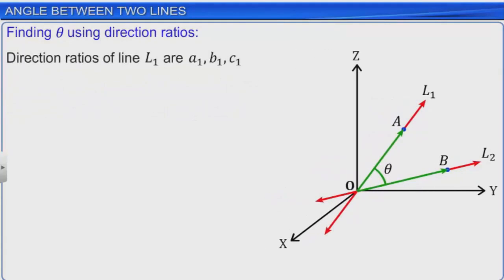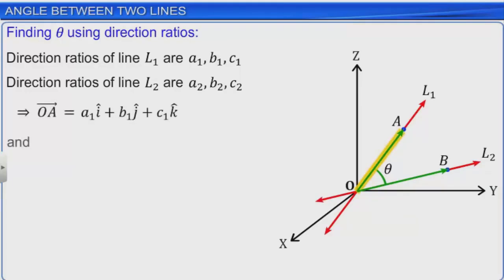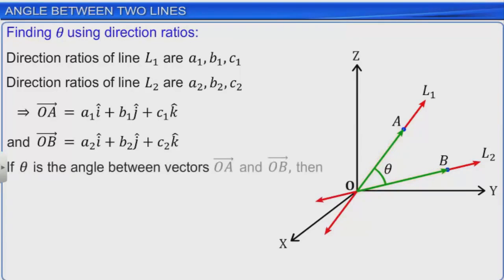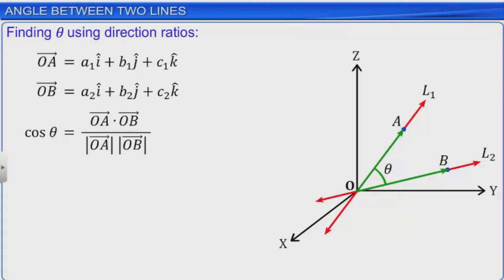Let A1, B1, C1, and A2, B2, C2 be the direction ratios of lines L1 and L2 respectively. Thus vectors OA and OB can be written in component form as shown. We know that the cosine of angle theta between 2 vectors is given by their dot product divided by the product of their magnitudes. The dot product of vectors OA and OB is equal to the sum of the products of their corresponding components as shown here.